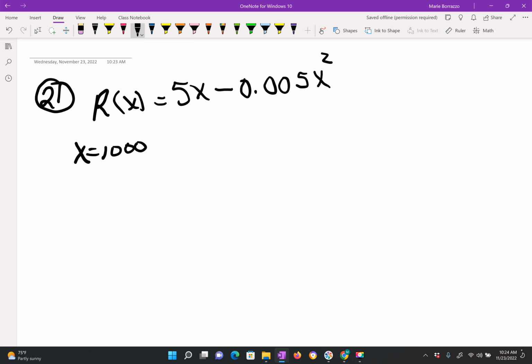Okay, so if you recall, to find marginal revenue, in this case, find the first derivative of the actual equation, which is going to land us at 5 minus 0.001x.